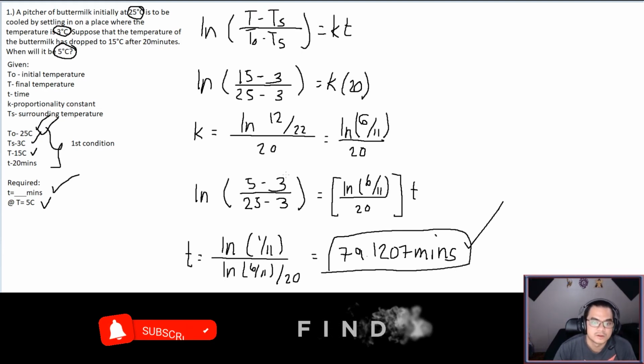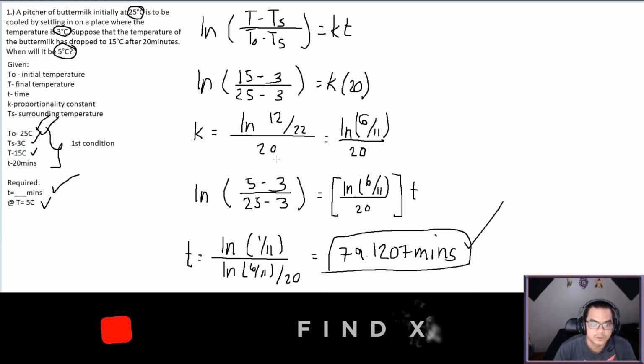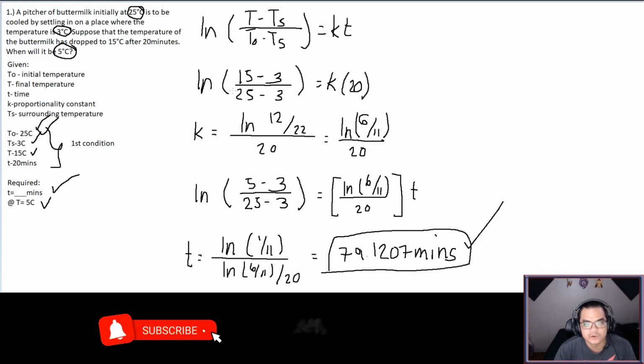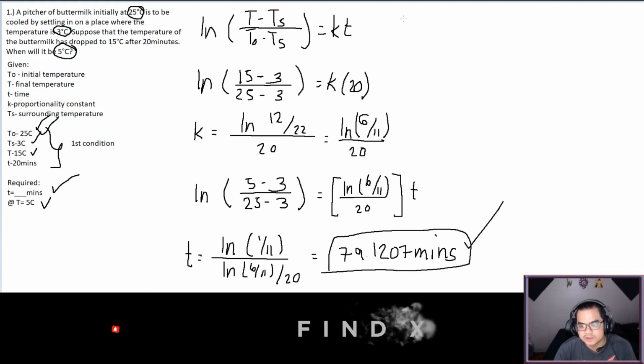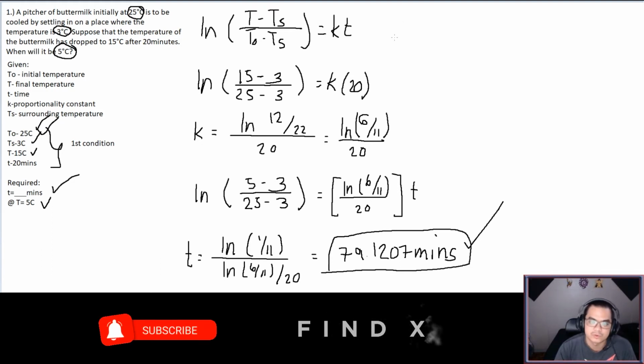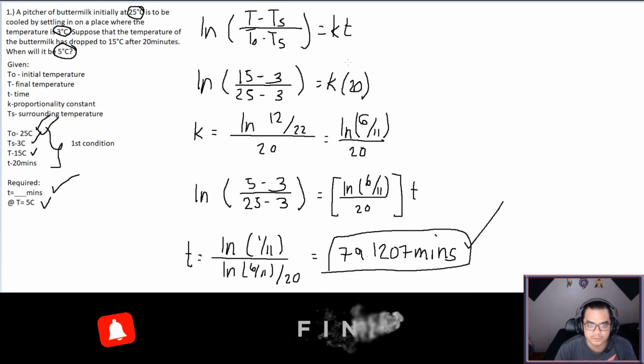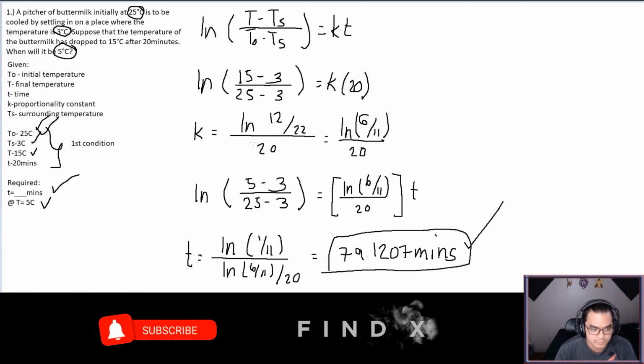Okay, so I think we can proceed to our next. Before I forget, you can also do this. I'll be showing an alternative solution for the next problem. So let's go to our next problem.